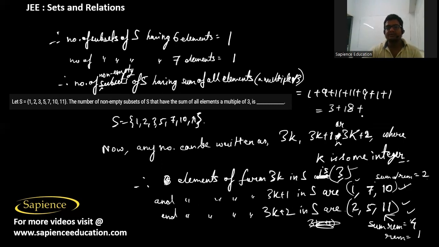That means there are 43 non-empty subsets of S having the sum of the elements a multiple of 3. So 43 is the answer.